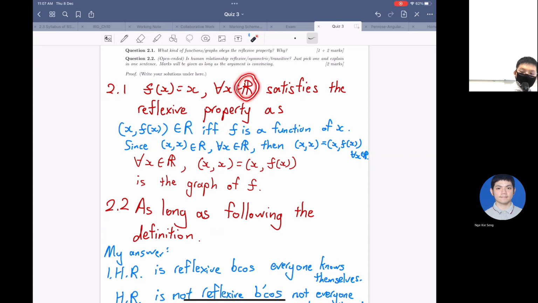I saw that some of you confused the real number notation with the relation notation. Don't confuse these two: one is a blackboard bold R, one is a capital R. A lot of you draw this kind of picture, but the picture depends on what set you pick. If you pick the integers, you cannot join it into a line. You just have dots here.